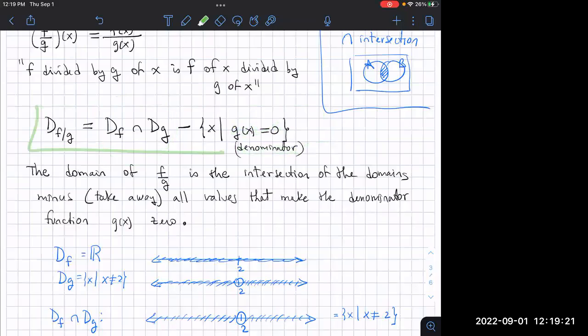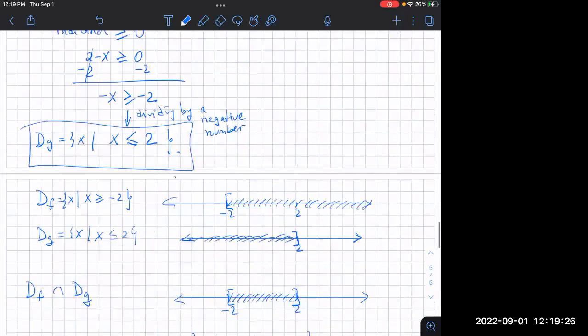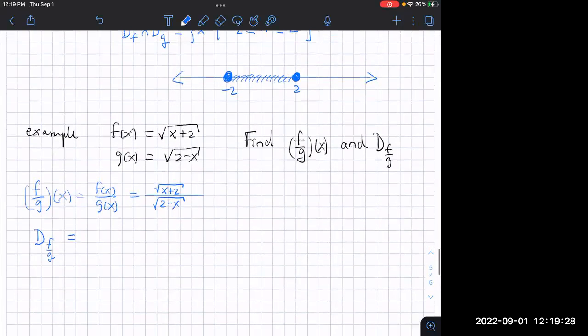We already have the intersection. So let's write the expression first. The domain of f intersection domain of g, minus all the x's that make g of x equal 0.